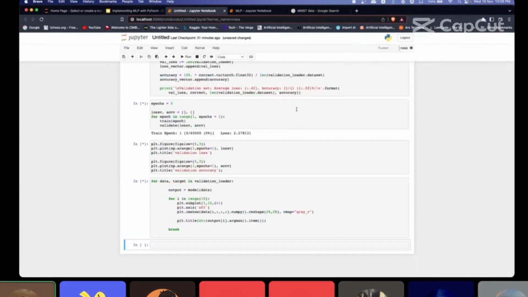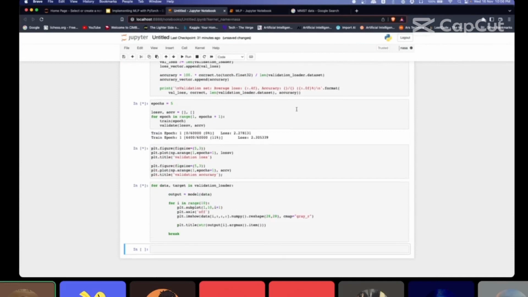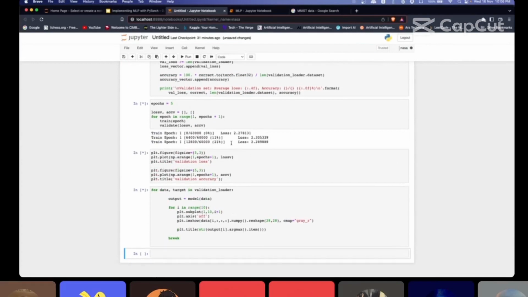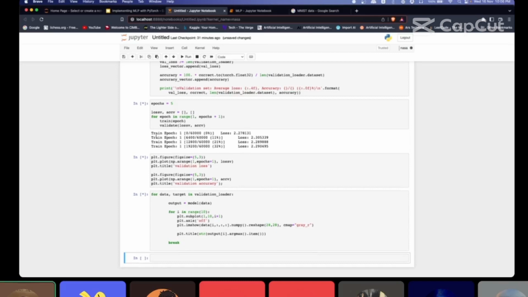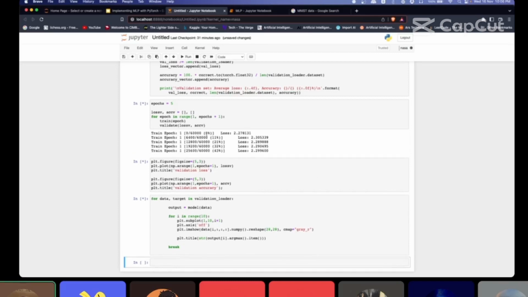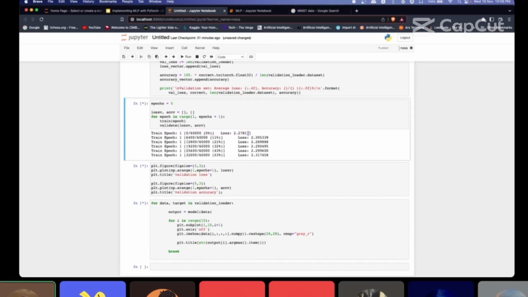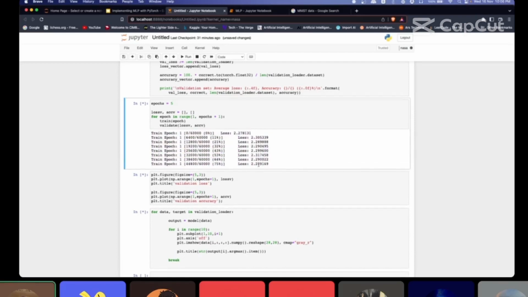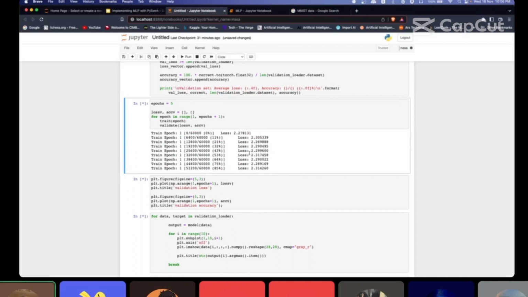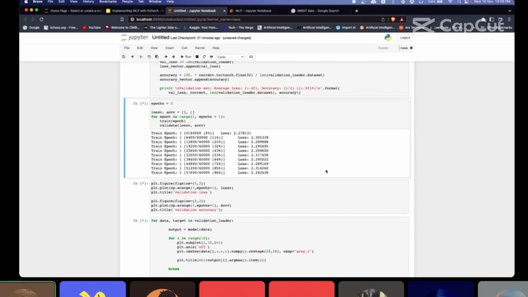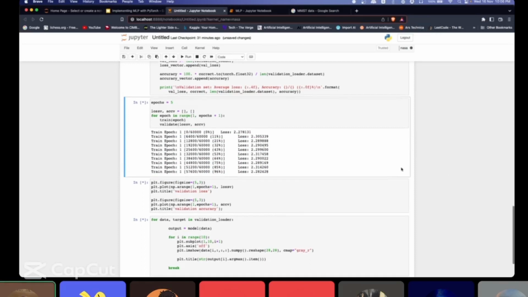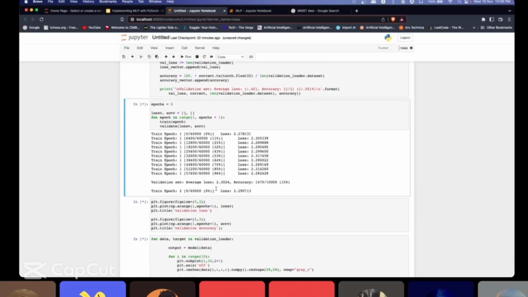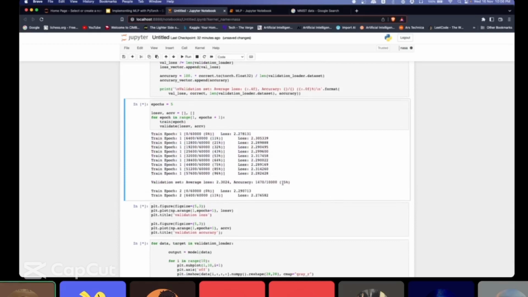Now we'll see whether the neural network learns something or not. Okay, so there you go. The so-called training is going on. Loss is at 2.27, and the loss didn't decrease at all. It's just dangling around 2.2, 2.3, and so on. We'll wait and see up until the 5th epoch. See, the accuracy is just 15%.